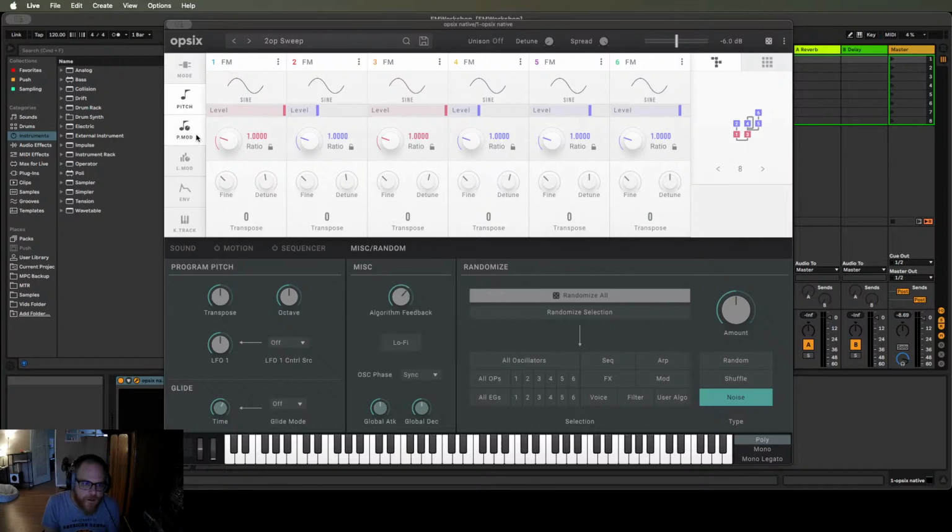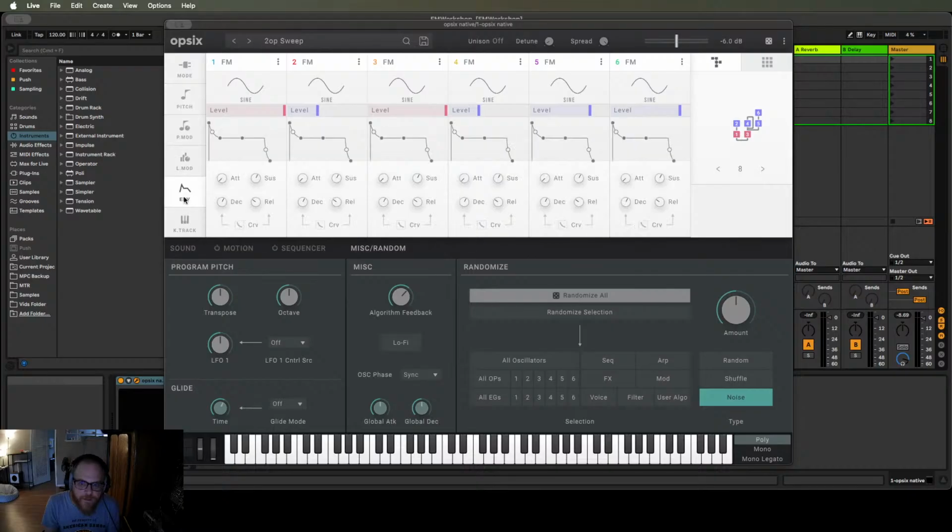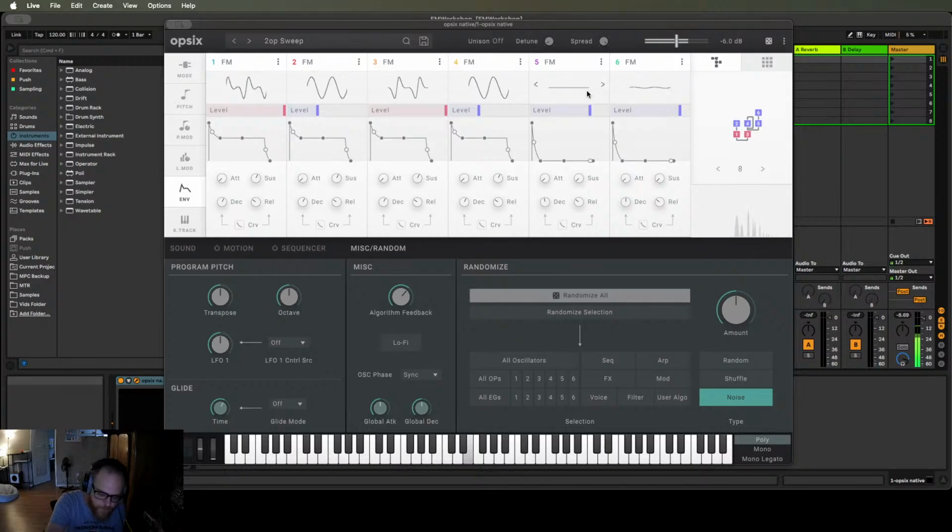Okay, but the envelope here, on both these envelopes, we're just going to have a big splat of attack and less than a half second of decay. See what I mean? You can make it even shorter.